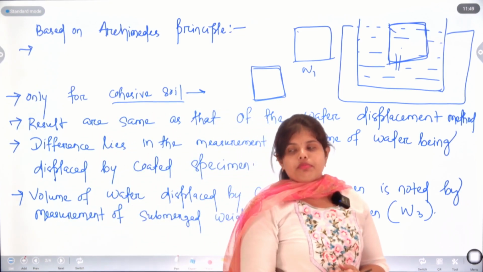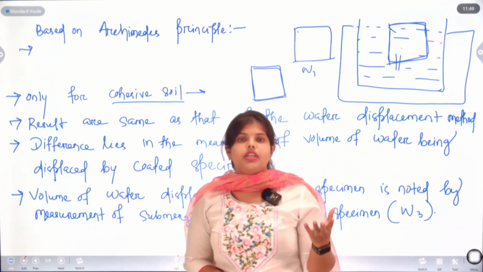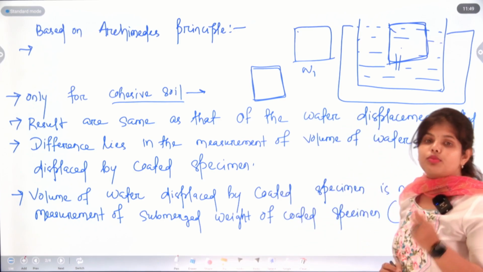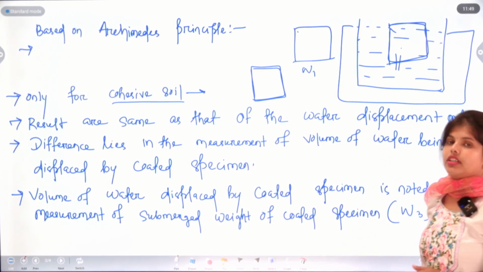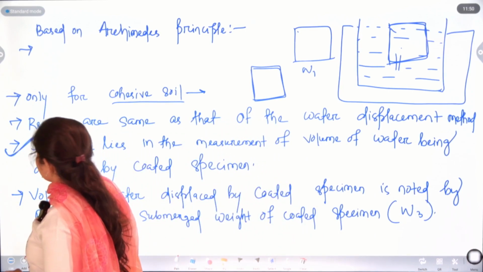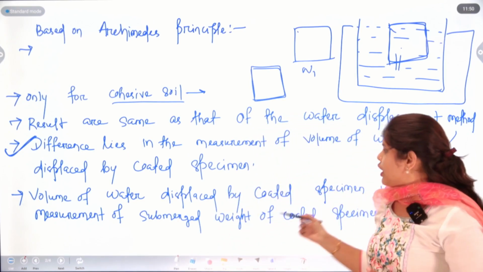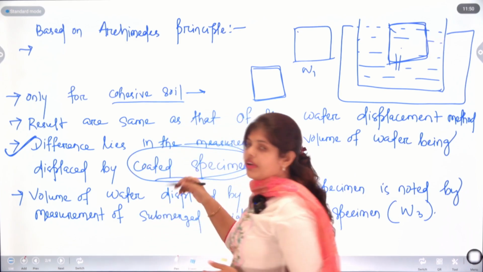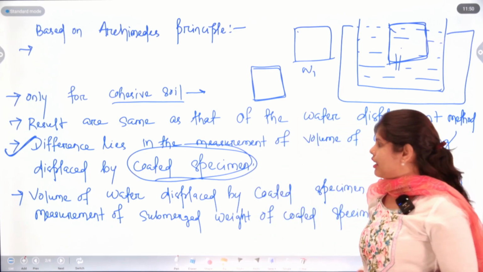The result we get from the submerged mass density method will be similar to the water displacement method, because this method is completely similar to that method. There will be some difference. The difference lies in the measurement of volume of water being displaced by the coated specimen. I will discuss that in some time.